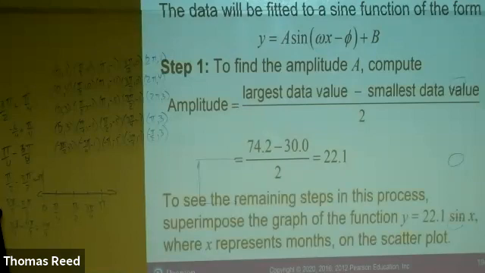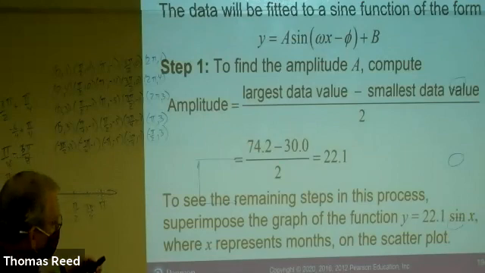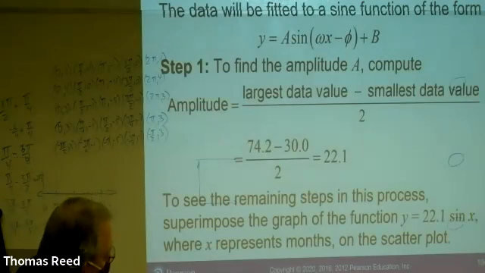So to see the remaining steps of the process, superimpose the graph of the function y equals sine 2.2.1, where x represents the months on the scatter plot.